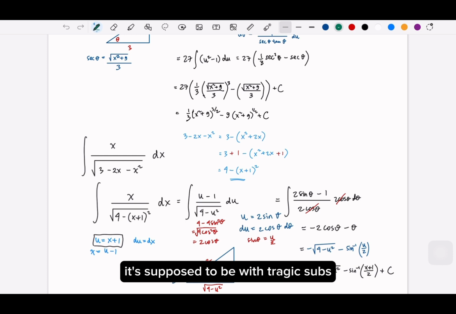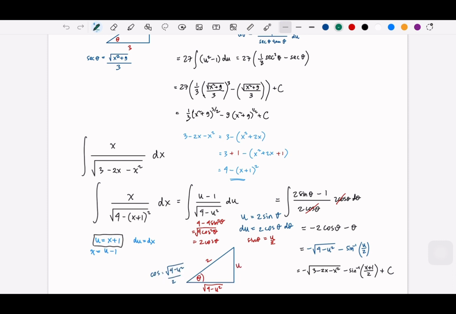It's supposed to be done with trigonometric substitution, but you need to do something first before doing the substitution.